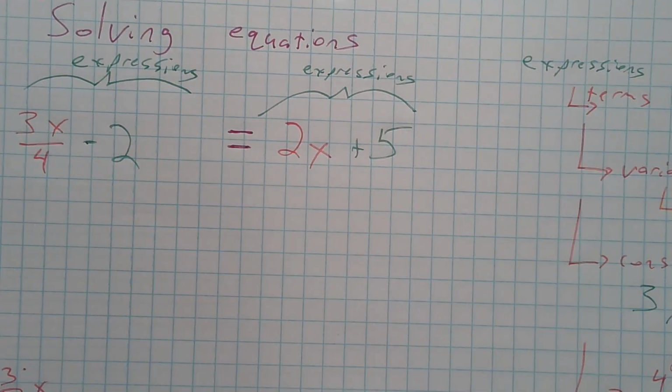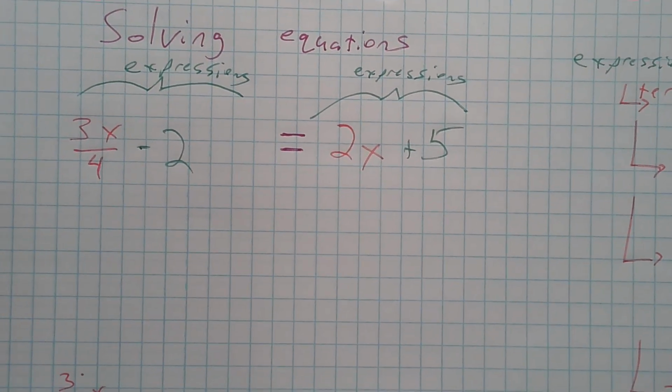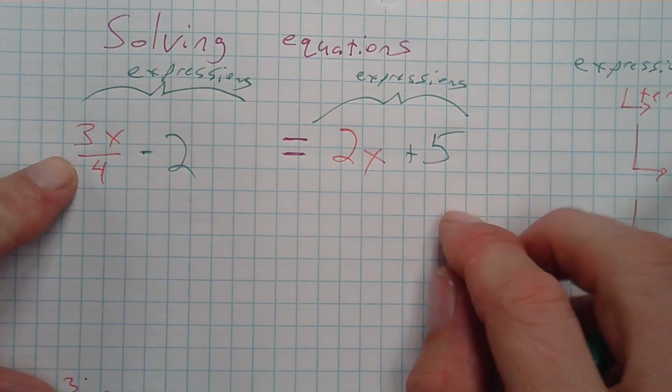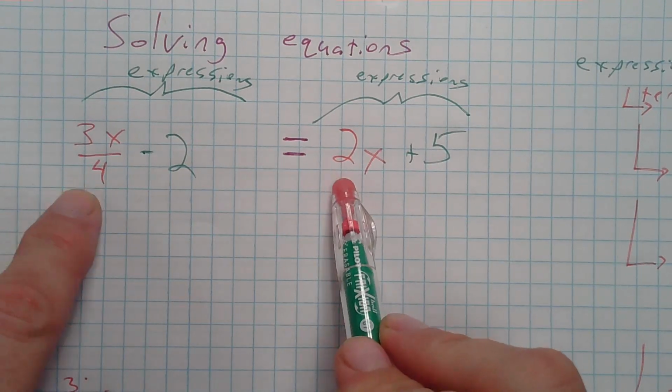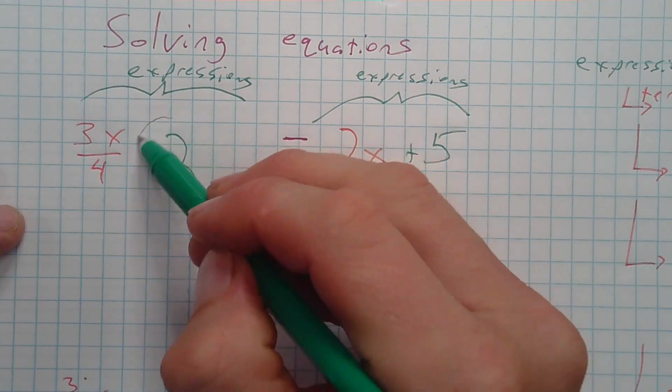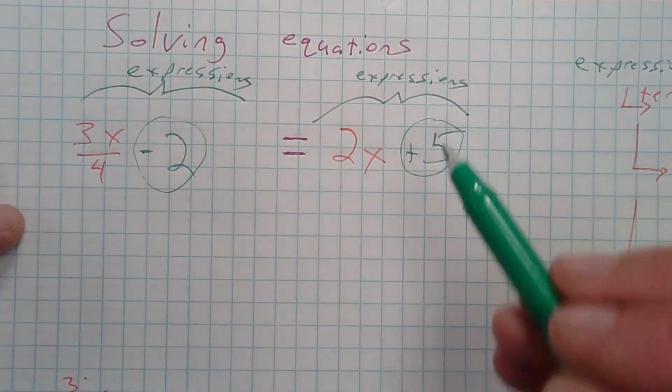I just made up some numbers. I have no idea what this is going to end up equaling, but these are the expressions. These are the variable terms of the expressions, and these are the constant terms.